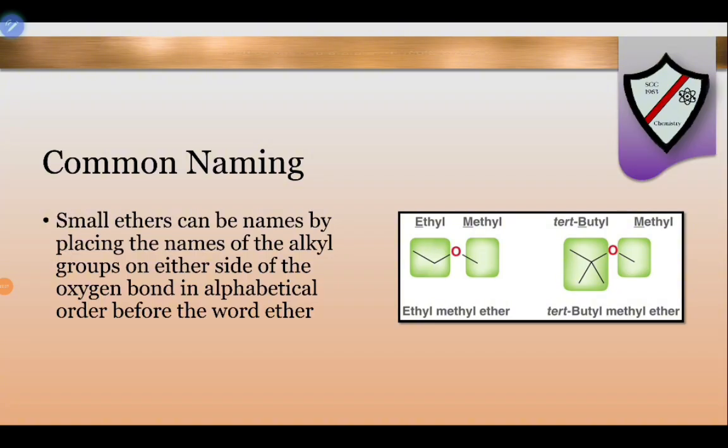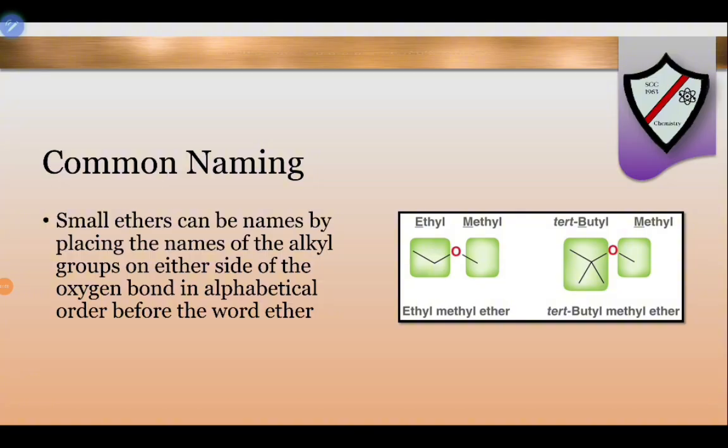And you will run into this a lot because ethers are very often used as solvents in reactions. Diethyl ether may be one of the most common organic chemistry reaction solvents. So we would be remiss if we didn't mention the common naming scheme that is often employed with ethers. The big thing to keep in mind here is to be technically correct when you list the side group of each alkyl chain in these smaller ethers.